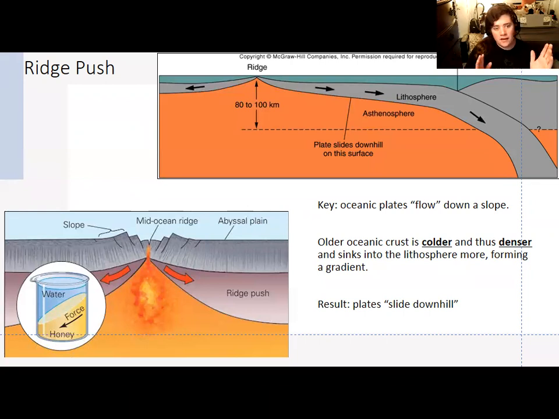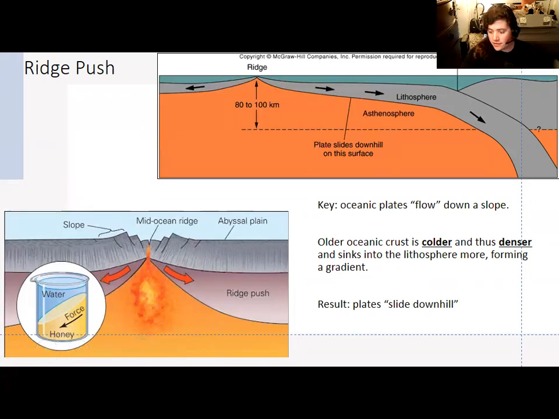It is sinking less into the asthenosphere at the ridge itself and more into the asthenosphere the closer you are to the trench where the ocean crust is going to disappear. And so that creates a downhill gradient, and that creates a very gentle gravitational force that actually plays a role in perpetuating the cycle of plate tectonics.